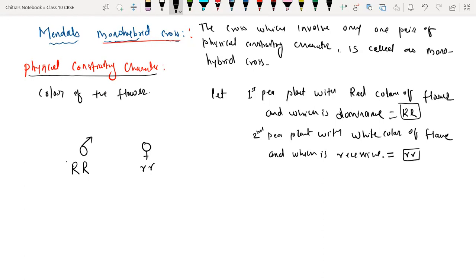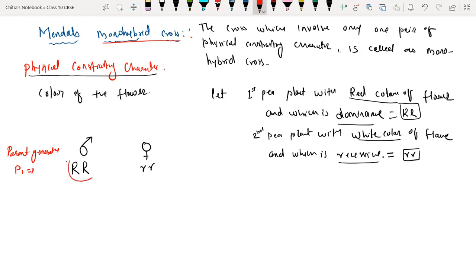Here the white color flower is recessive and the red color flower is dominant in nature. So this is the parental generation, which is called the P1 generation.